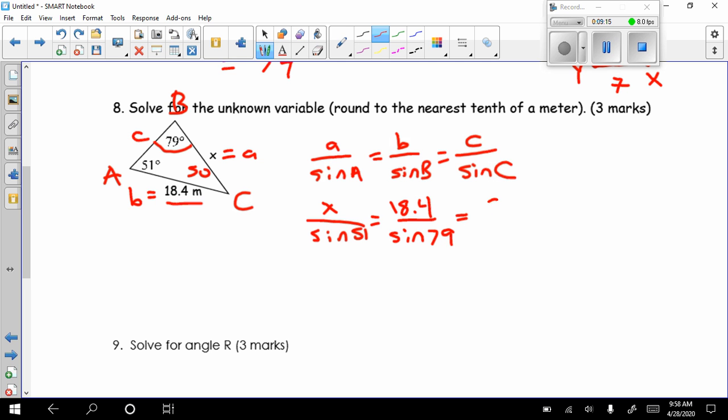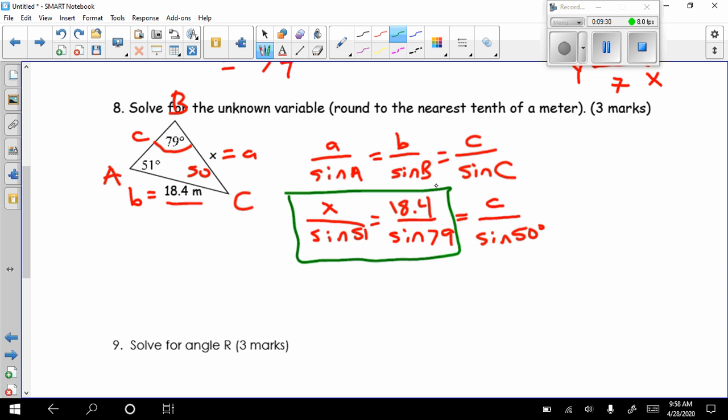And c I don't know, but I do know what sine C is, sine of 50. Okay, so here, remember with sine law, we focus in on 2 of the ratios. So clearly, I'm going to use these 2 because this one has the x in it that I'm looking for, and the other one has both of them. So you gotta do that.